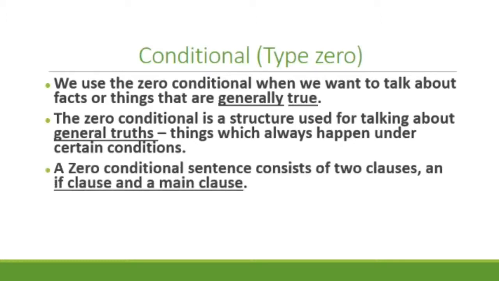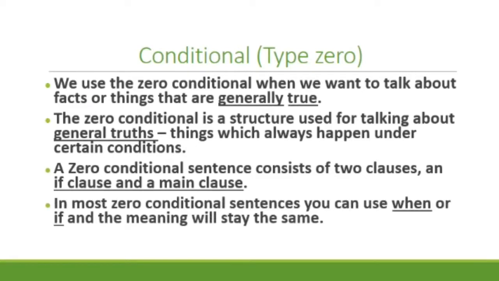A 0 conditional sentence consists of two clauses, an if clause and a main clause. In most 0 conditional sentences, you can use when or if and the meaning will stay the same. So in the if conditional, sometimes they use when instead of if, and both have the same meaning.